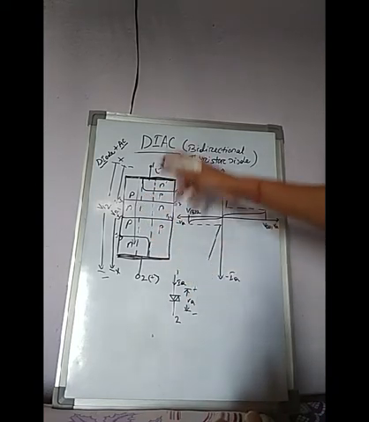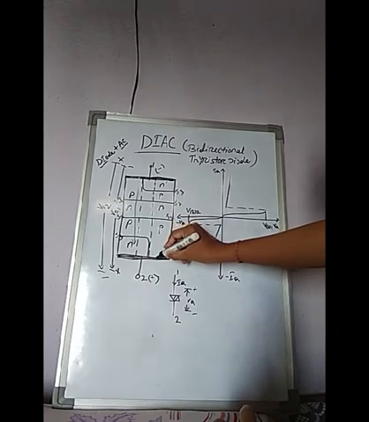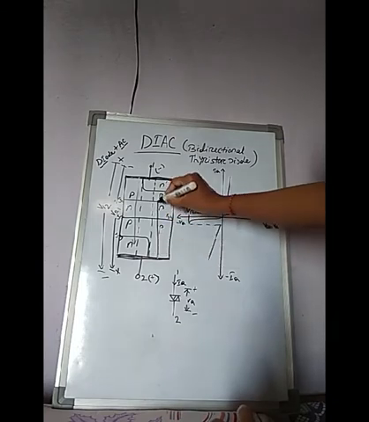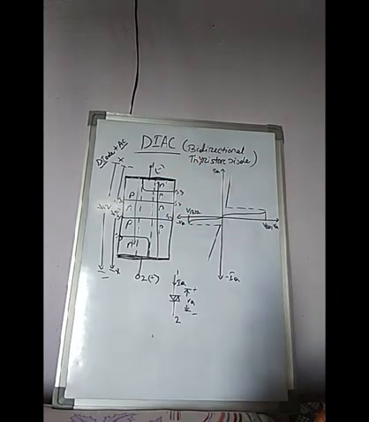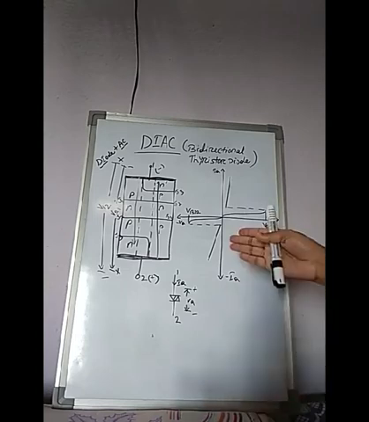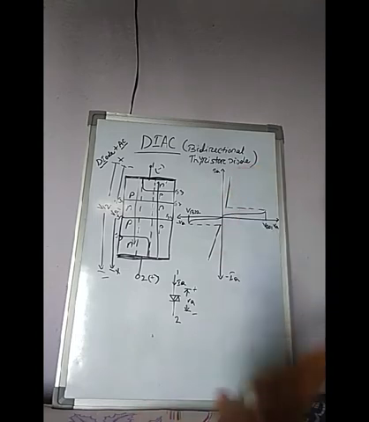When 2 is positive, 1 negative, then current flows like this. That's why it is a bidirectional thyristor diode. That means current can flow in both directions. So here it acts like a thyristor diode.